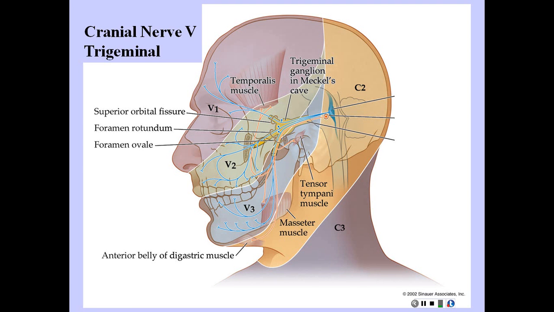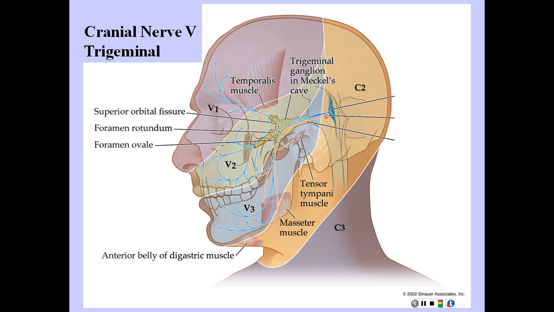So it's these cell bodies in here, represented by the little dots, that represent the pseudo-unipolar cell body. Their processes have a peripheral and a central component. That makes sense. They're picking up information peripherally and they have to share it centrally. Now, where that information ultimately goes, we're going to do tomorrow. But for today, we just want to know what the cranial nerves are doing and what modalities they're responsible for.